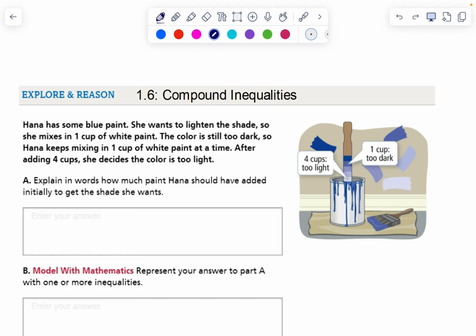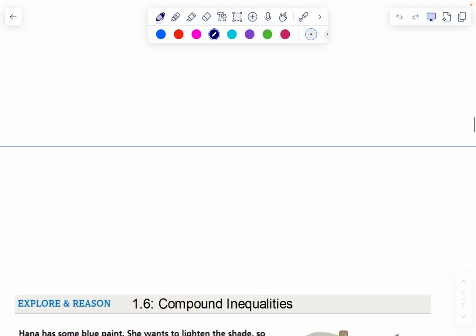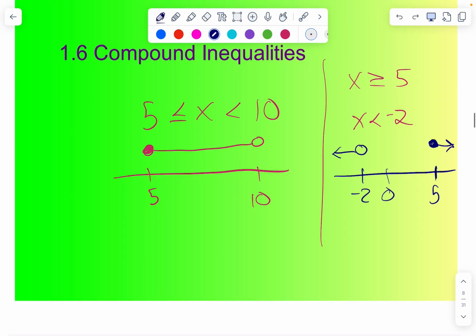Everybody seeing this in your mind's eye? After adding 4 cups, she decides the color is now too light. Oops. Okay. Explain in words how much paint Hannah should have added initially to get the shade she wants. So thinking back to what I just showed you, which of these cases is it?